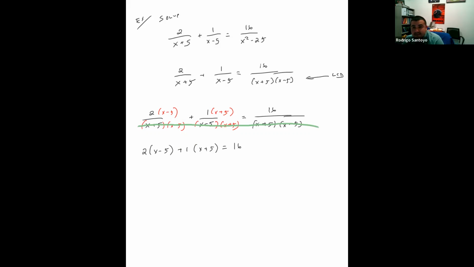And now it doesn't look too bad. We just solve that. We distribute and combine some like terms. What do you get? 2x minus 10 plus 1x plus 5 equals 16. Combine those.